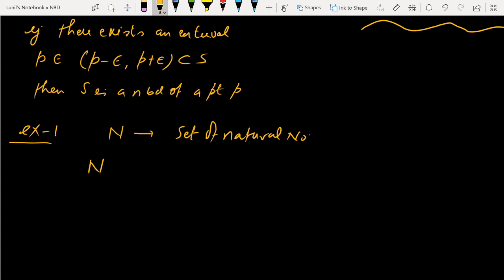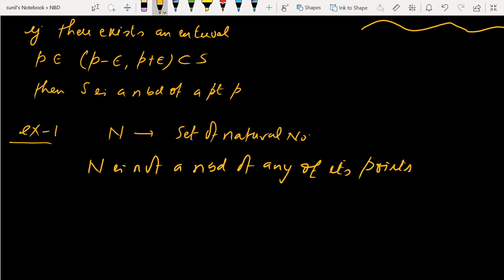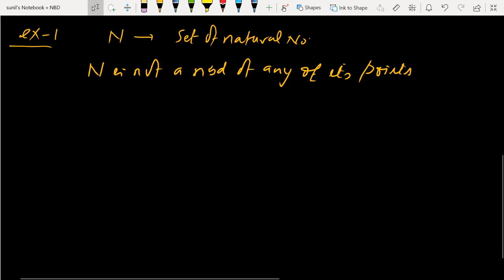I will say that N is not a neighborhood of any of its points. Why, friends? Let us understand it. Suppose, if possible, that some a belongs to the natural numbers.